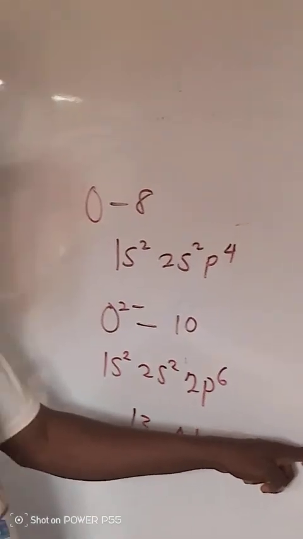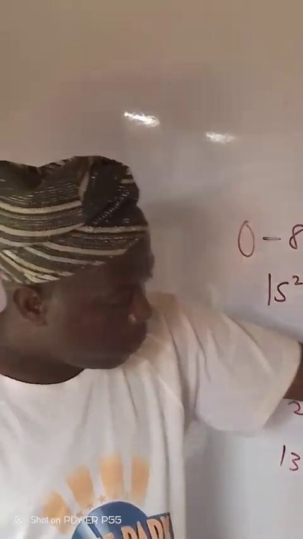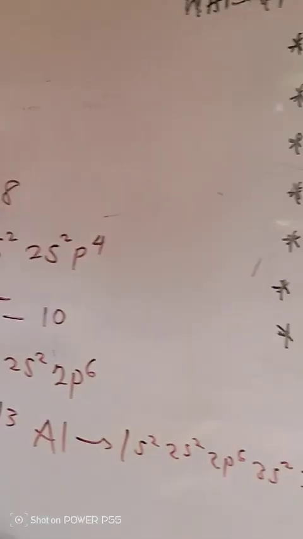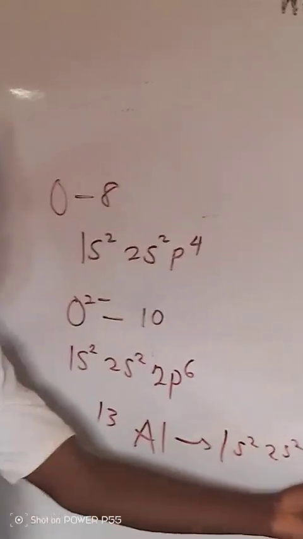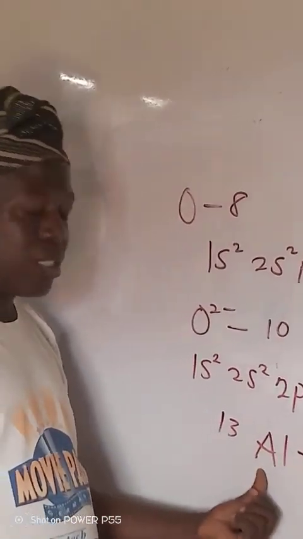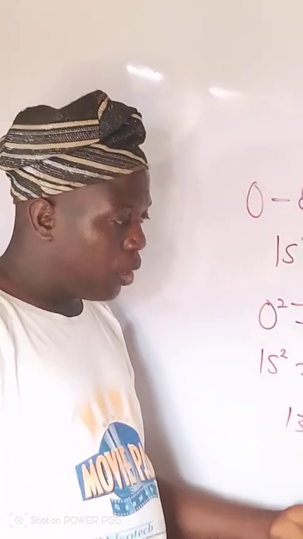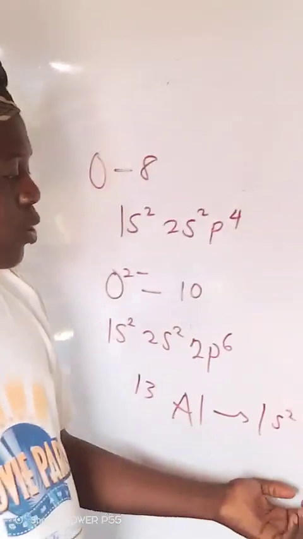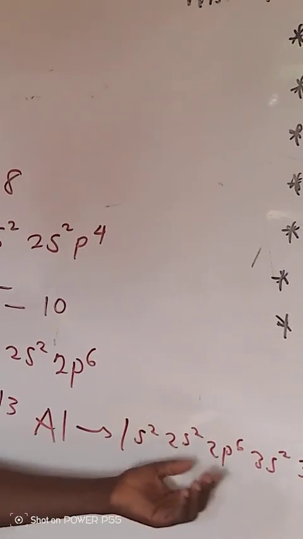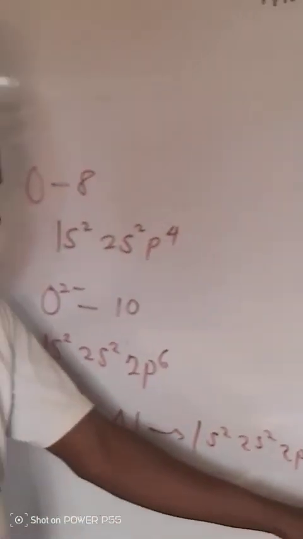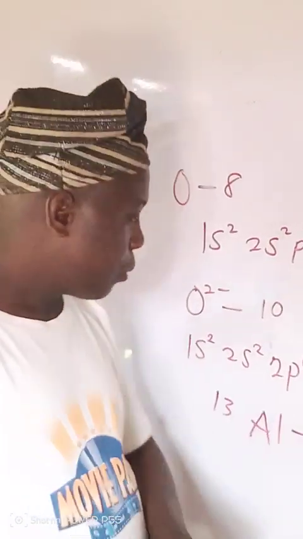Now, 2 plus 2, 4, plus 6, 10, plus 2, 12, plus 1, 13. This electronic configuration represents aluminium. Then the question can also ask you what block this belongs to. It belongs to P block.